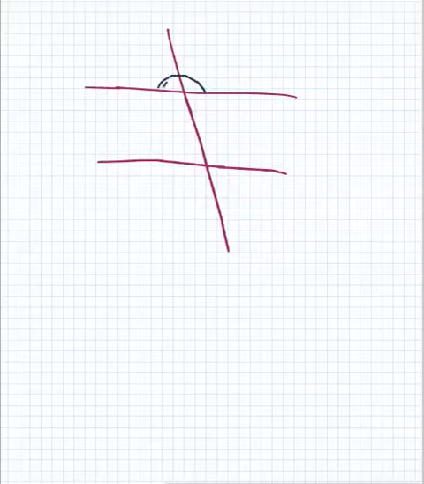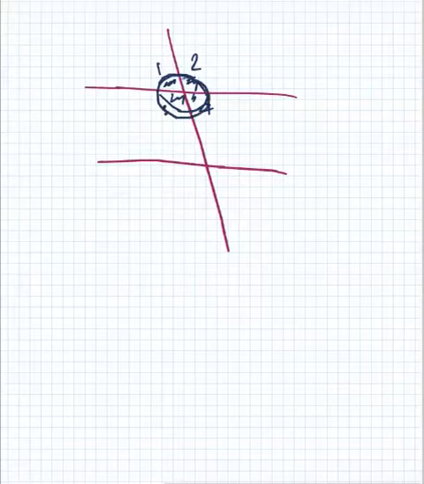So this angle here and that one there will add up to 180. Also, these two angles, that one there and that one there, add up to 180. And that means all these angles, 1, 2, 3, and 4, make a circle, so they will add up to 360. The same thing down here. For example, this angle here and that one there make a straight line with this line here. And the same thing on this side, and they all add up to 180.